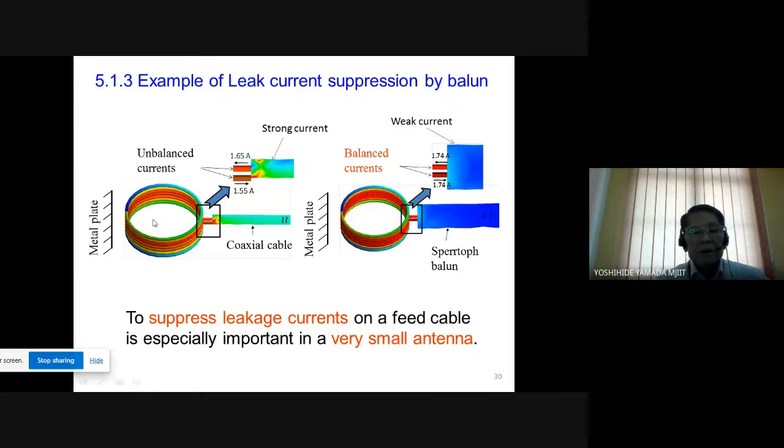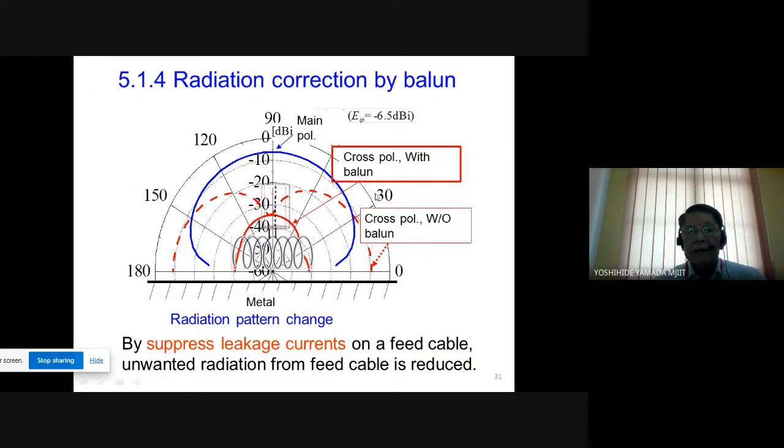So in this, if this is a small antenna, the effect on the radiation pattern is very serious. So this is a copolar radiation pattern, and this is a cross polarization radiation pattern. So if the balloon is attached, the cross polarization component becomes small. However, without the balloon, the cross polarization becomes very large.